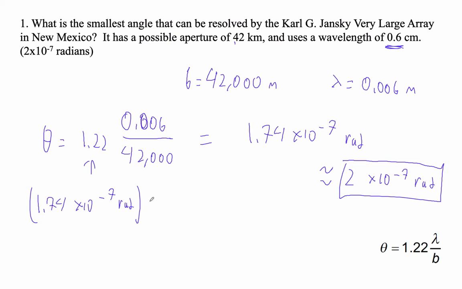And if we multiply radians by 360, divide by 2 pi, we'll get degrees. So let's figure out how many degrees that is. So that times 360 divided by 2 divided by pi is 9.985 times 10 to the, I'm sorry, I'm just geeking out here. Okay, that's degrees.